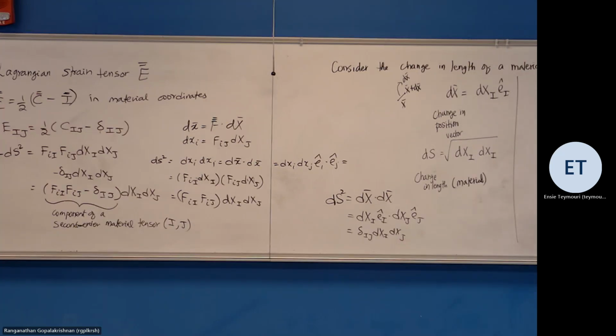So you write F is equal to Fij Ei Ej, with Ei coming from spatial and Ej coming from material coordinates. What is F transpose?